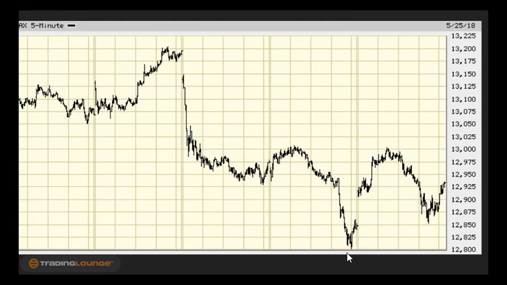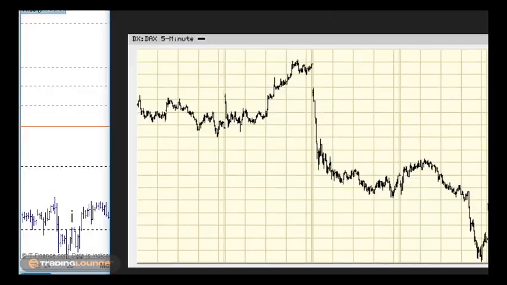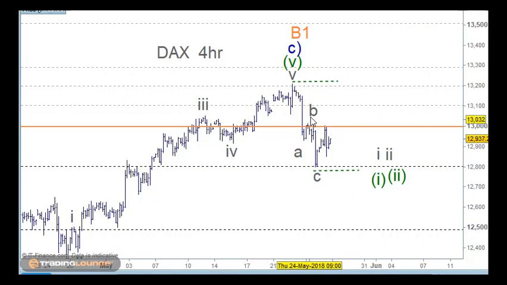And then looking at this move to the upside here, it's very impulsive in its structure. So yeah, it can be counted as an A wave and a B wave and a C wave here. So we also need to be mindful of that. It could mean that we go straight up from here.